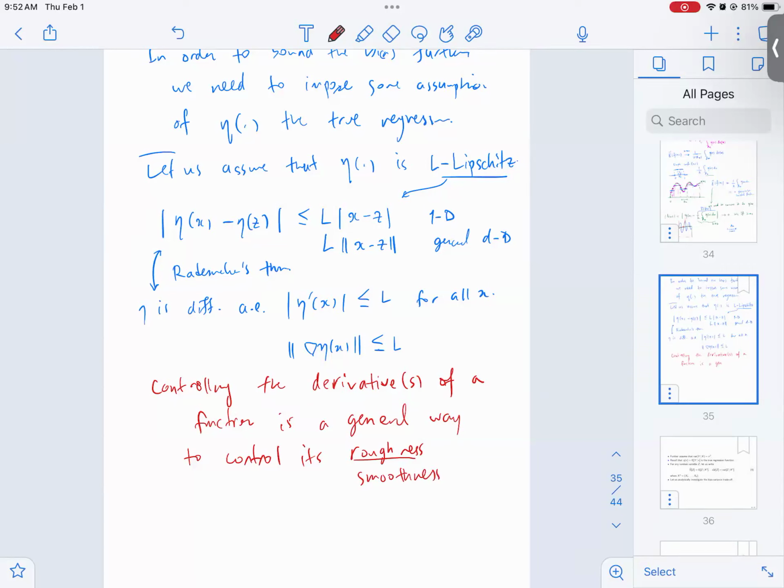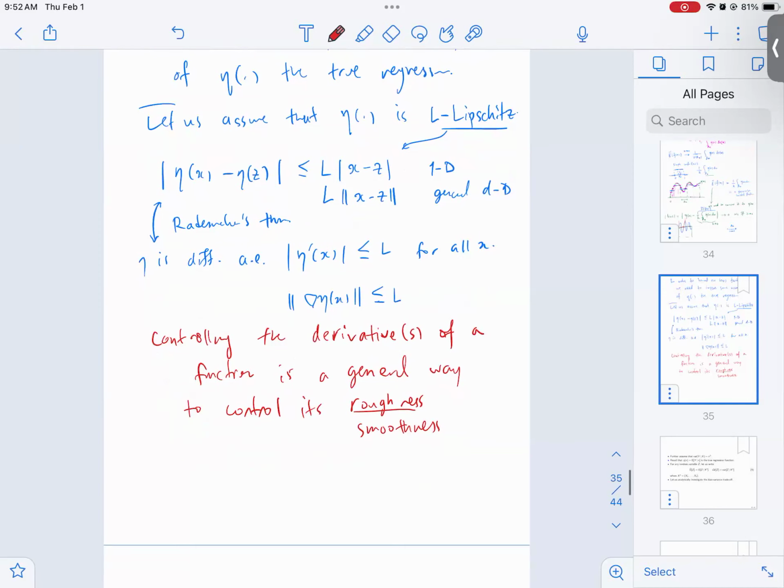And smoothness is a good condition to assume about the functions because this controls how well you can approximate them.